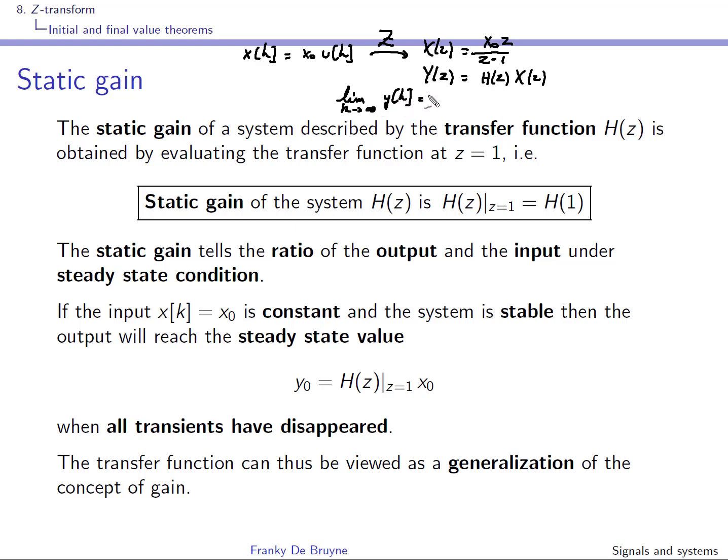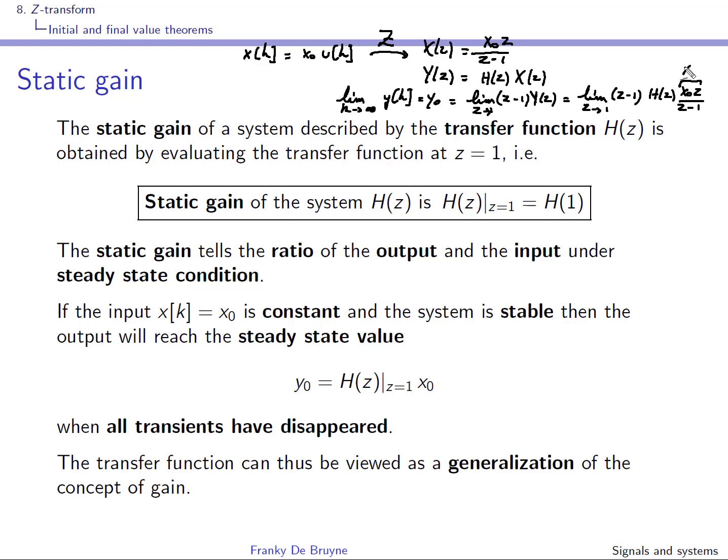This is going to be my y0 over here, and it's the limit when z tends to 1 of (z minus 1) times y of z, right? And this will be the limit when z tends to 1 of (z minus 1), and then we'll have h of z, and we'll have x0 z over z minus 1.